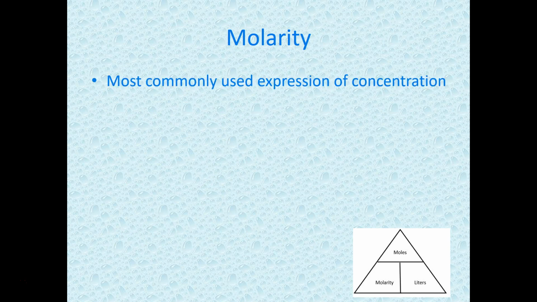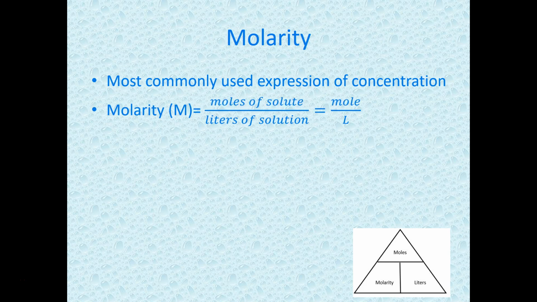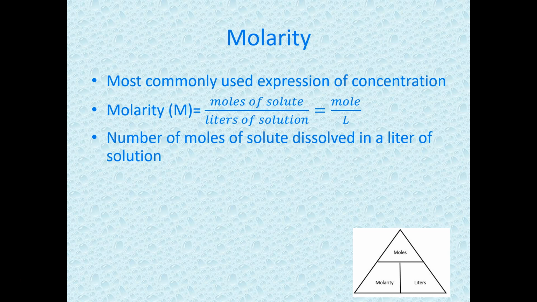So a little bit more about molarity. It is the most commonly used expression of concentration. The formula to calculate molarity is moles of solute over liters of solution, so moles over liters. The number of moles of solute dissolved in a liter is essentially the word format way of describing what molarity is.